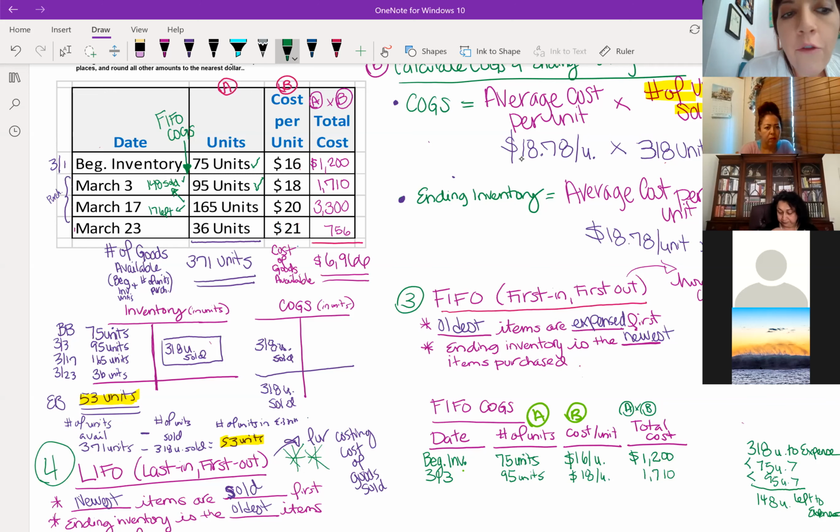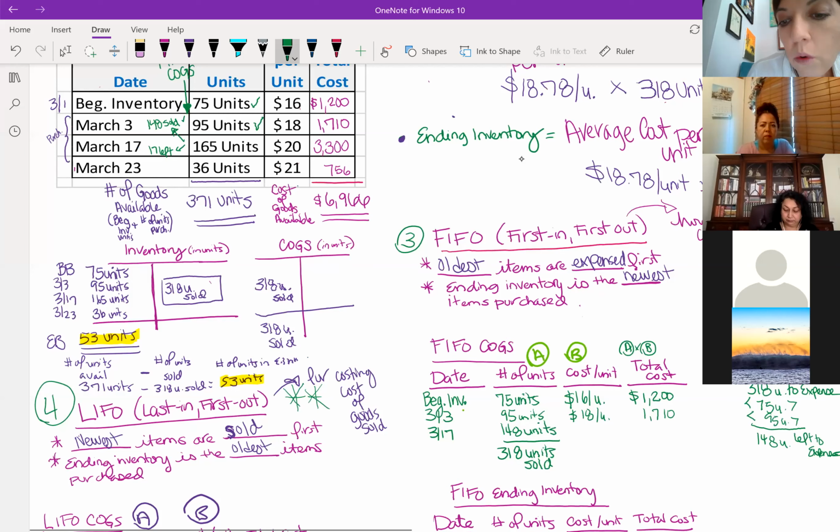So for my March 17th layer, I'm going to include only 148 units, because in total I need to expense only the 318 units sold. I'm only expensing the number of units sold during the period.